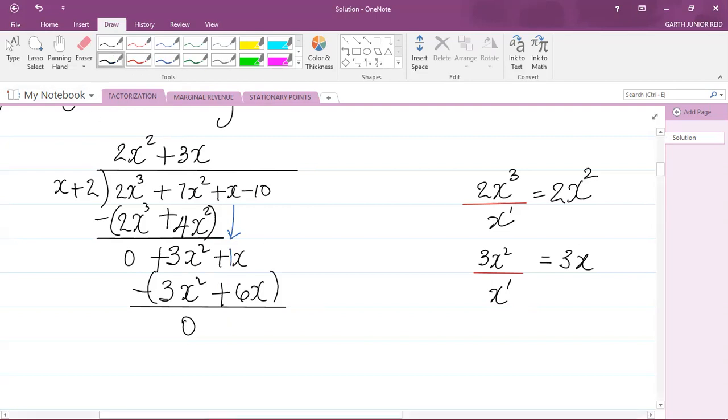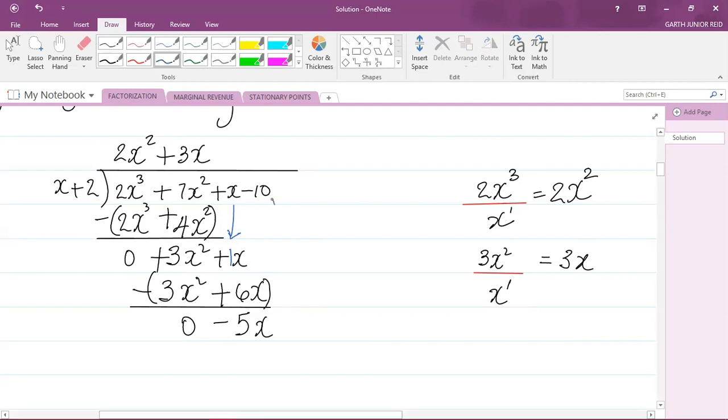So we have 1x minus 6x, all right? That is going to give me a negative 5x, okay?